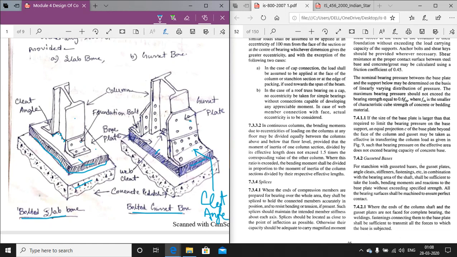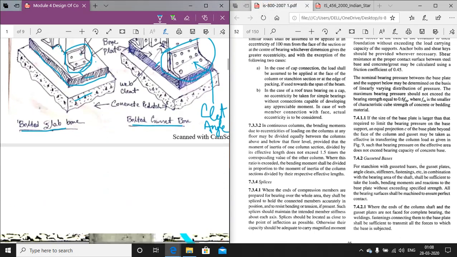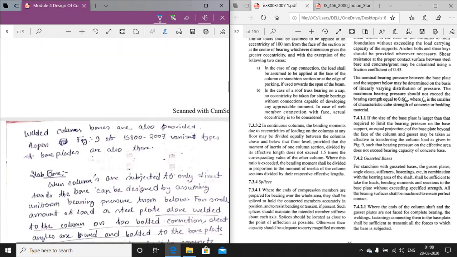So there is no need of this cleat angle here and here also. This is the bolted connection, and this is the welded slab base and welded gusset plates.